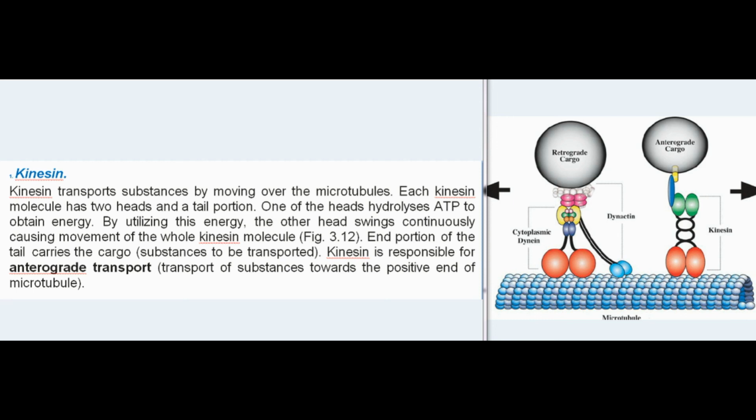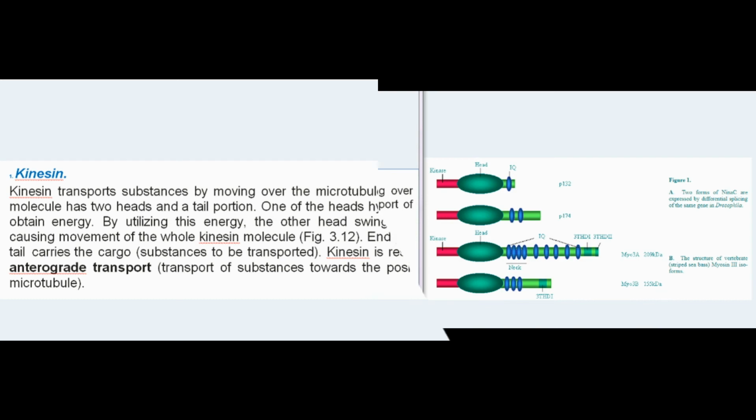By utilizing this energy, the other head swings continuously, causing movement of the whole kinesin molecule, Fig 3.12. The end portion of the tail carries the cargo, the substances to be transported. Kinesin is responsible for anterograde transport, transport of substances towards the positive end of the microtubule.